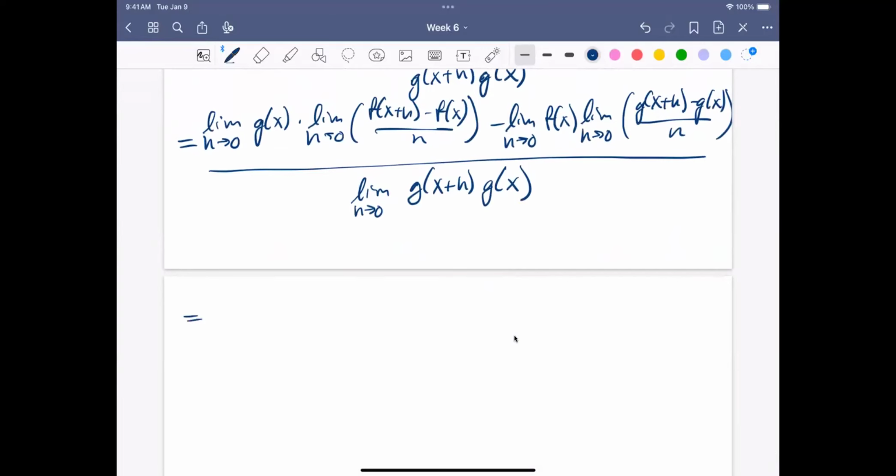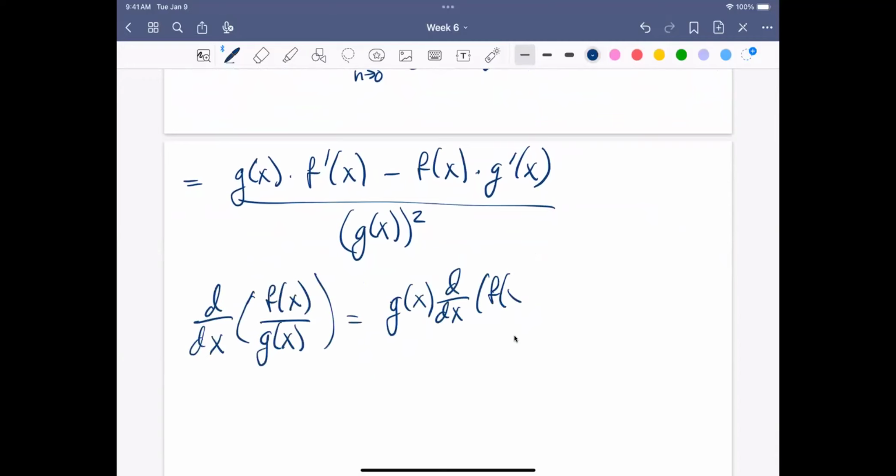If I have some division of two functions, it'll be g of x times the derivative of our top function, subtracting the top function times the derivative of the bottom function, all over the bottom function squared.